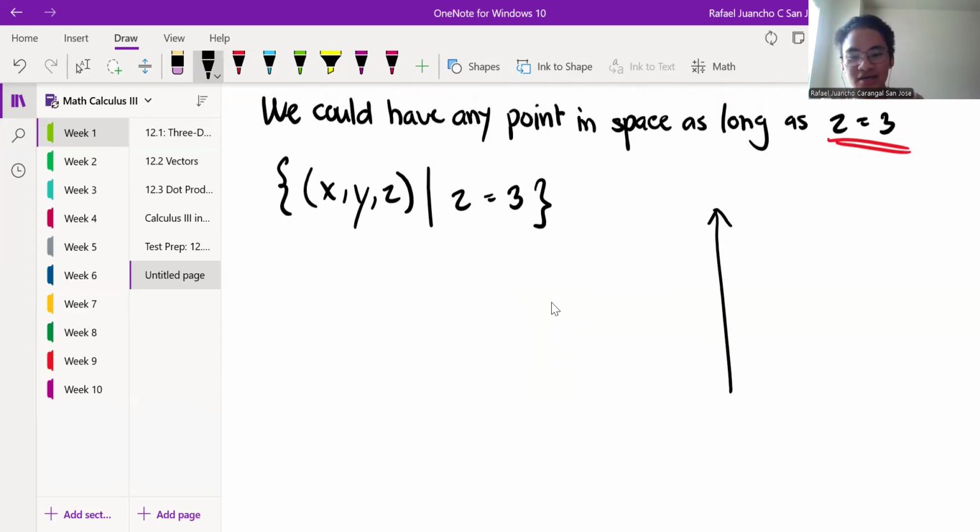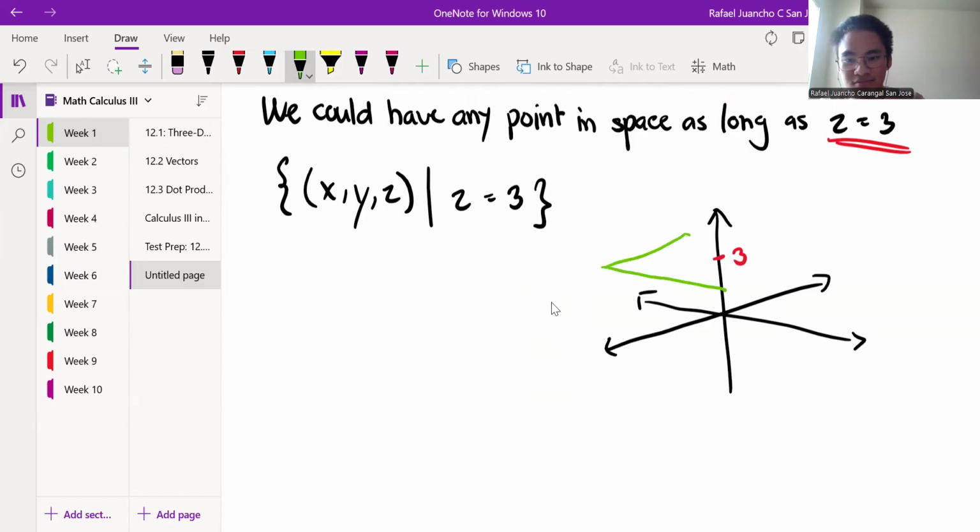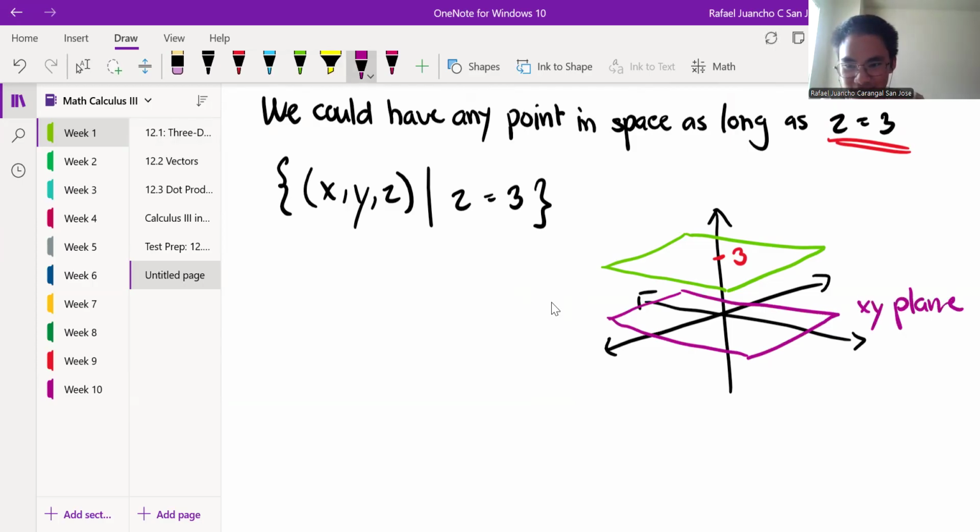But we have 3D. So in 2D, it's parallel lines. In 3D, we'll go back to the example where Z is 3. We have parallel planes. Magic, I know. Crazy. We have parallel planes. So this is an XY plane, right? Wait, forgot to label. X, Y, Z. This is the XY plane.